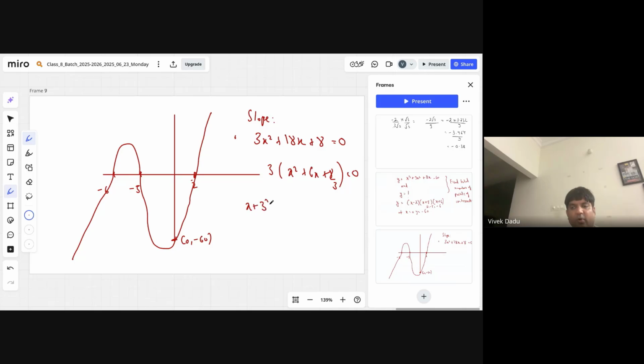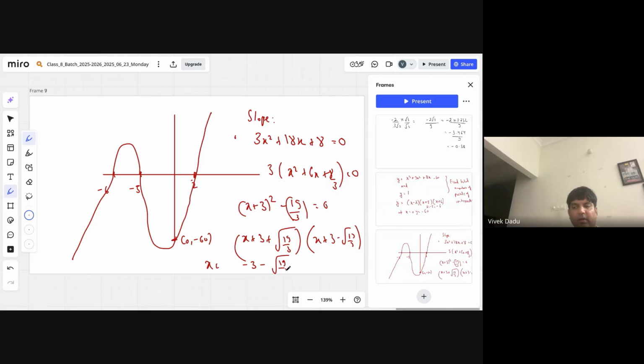So from this you got x plus 3 whole square minus root 19 by 3, and you were also able to find the turning points, minus 3 minus root 19 by 3 and minus 3 plus root 19 by 3. Now here, this is where the first part of smartness comes in.